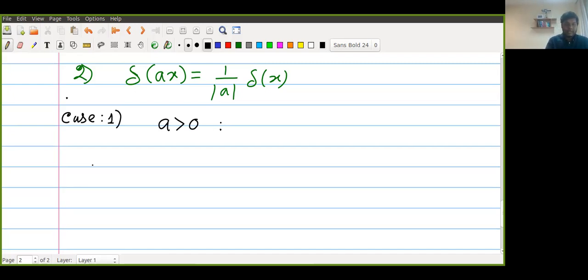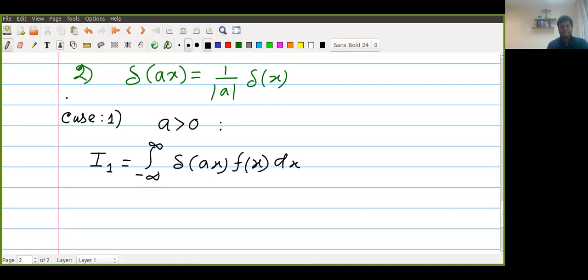For this case, I can define an integration from minus infinity to plus infinity of delta of x f of x dx. Now, if I want to change the variable, I can. This is the basic fundamental recipe to prove this; whenever we try to prove this, we use the same recipe. So dy equals a dx, or dx equals dy over a.